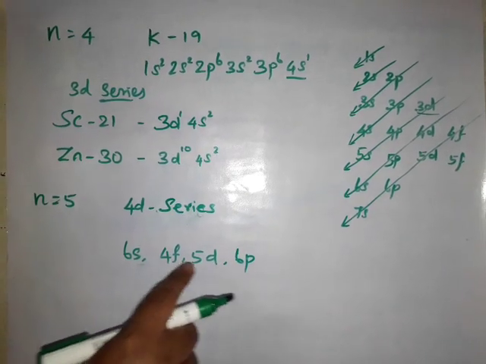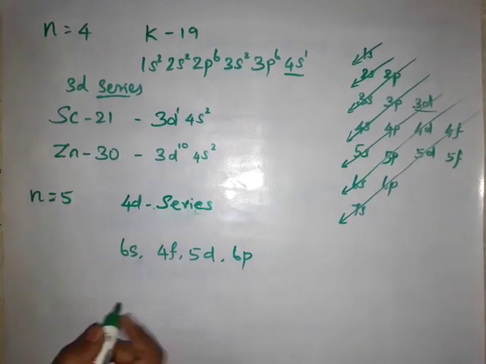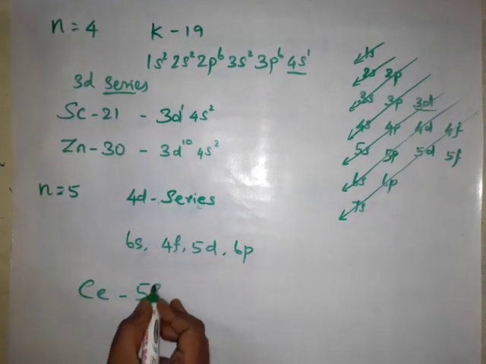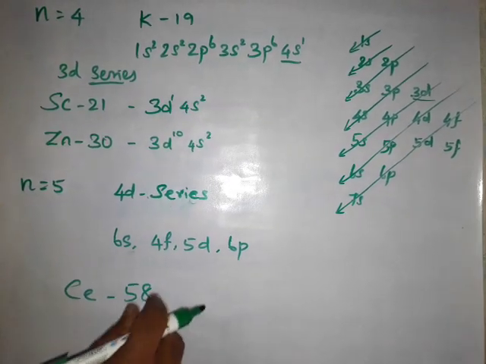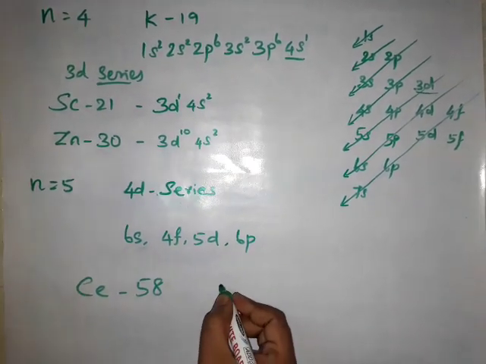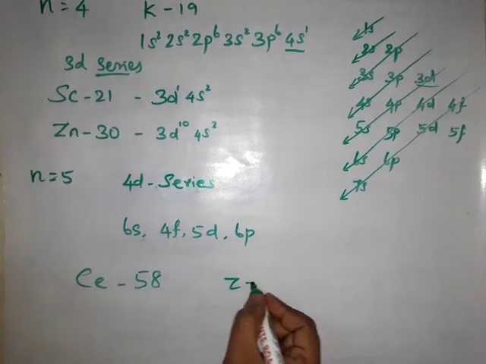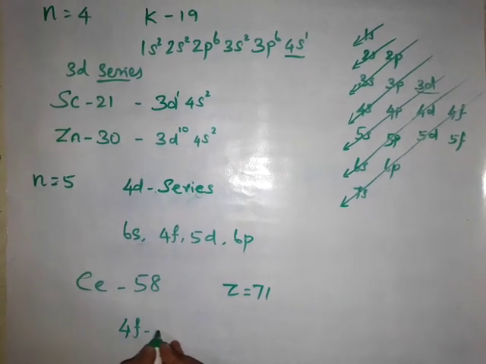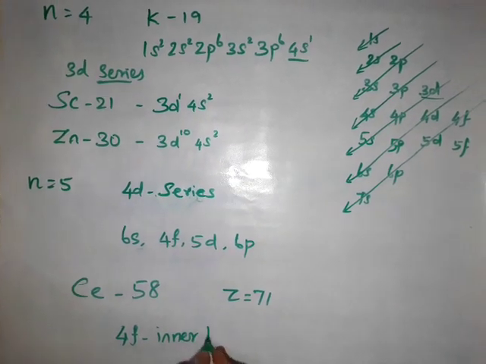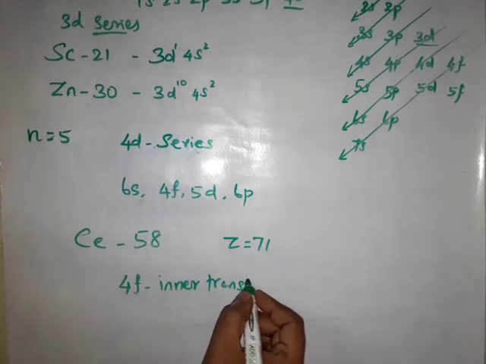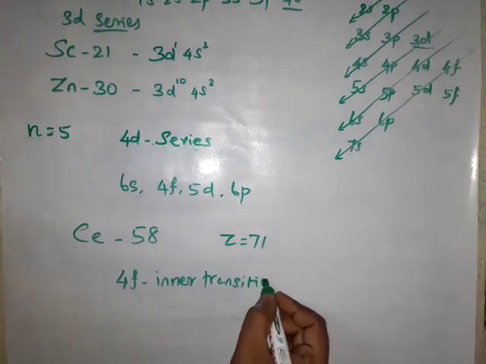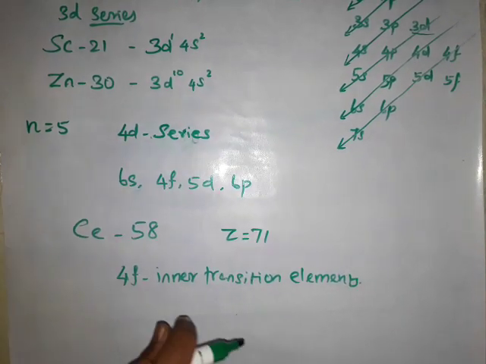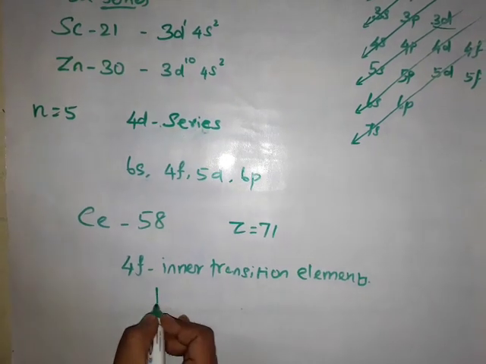The filling of the 4f orbitals begins with cerium, atomic number 58, and ends with lutetium, Z is equal to 71. These 4f elements are inner transition elements, which is called the lanthanoid series.